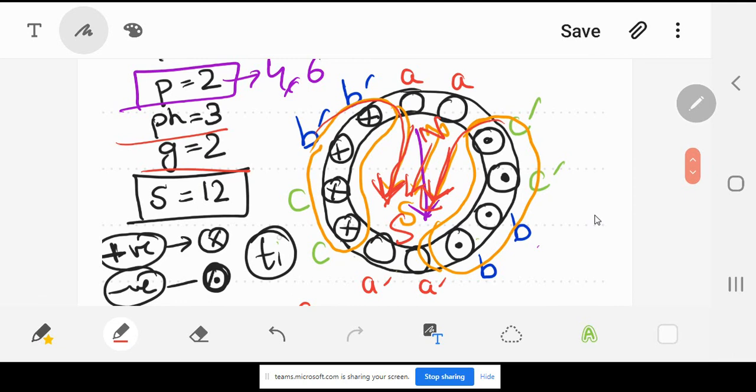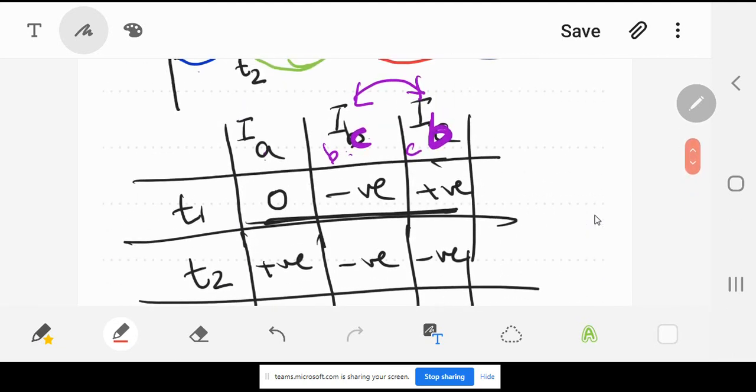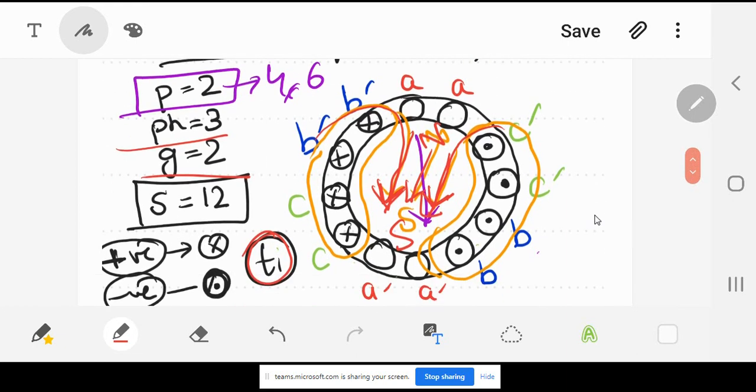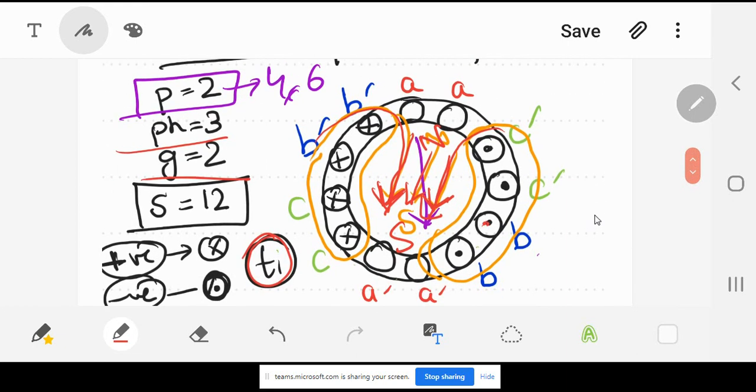Now this is a time step diagram, that is T1. At time T1, you can see that IA is 0, which means the current in the A phase is 0. IB is negative, IC is positive. When IB is negative, you see over here that in B I have placed a dot.